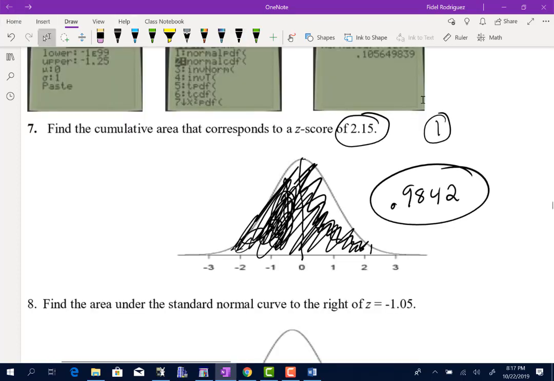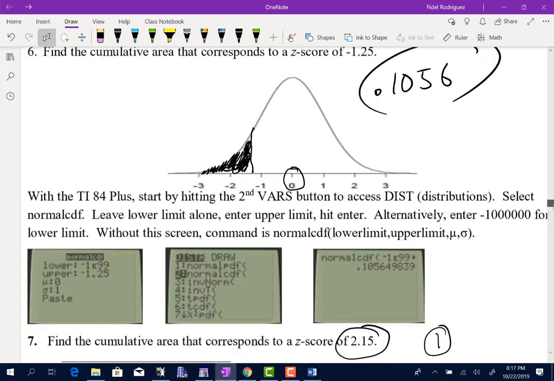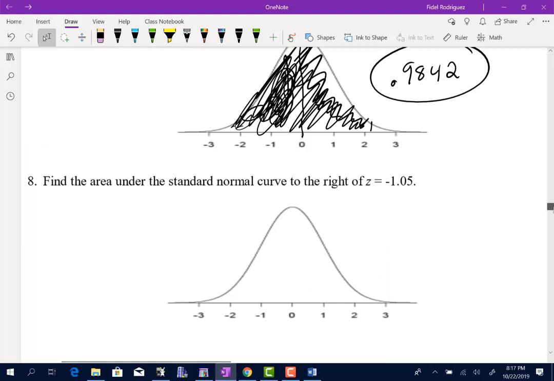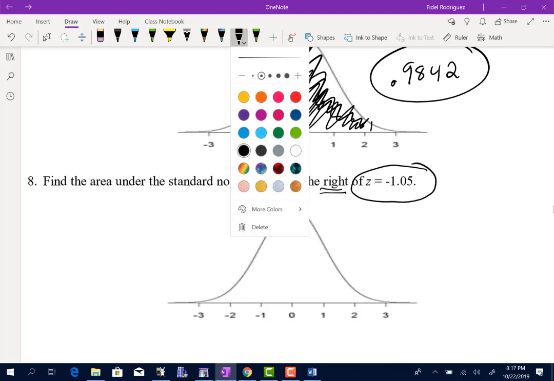Okay, so now, guys, I want you to notice something here. When we're finding the area, that table is always telling me the area to the left of my number. It's always telling me the area to the left of my number. So now look here. We're going to find the area to the right of negative 1.05, okay?